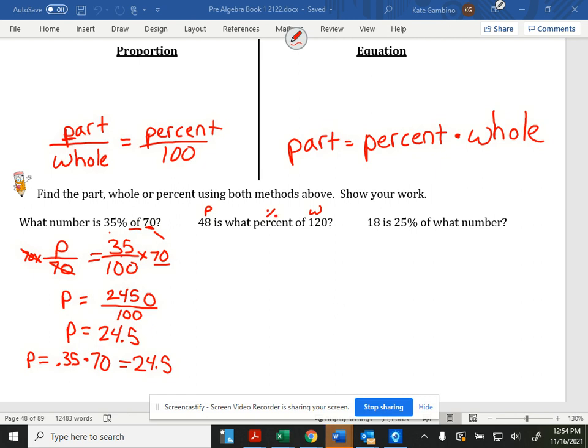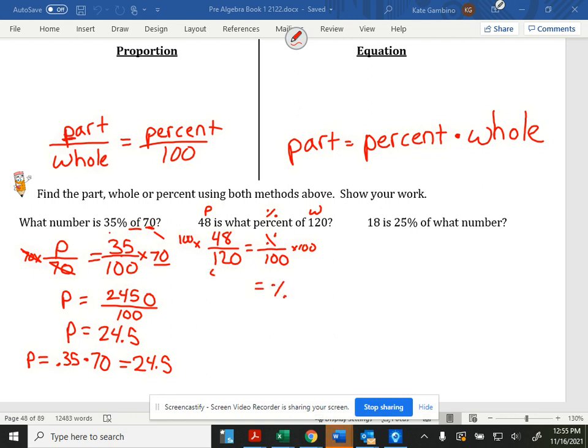That's what we want to find, right? So we know our part, so we know the numerator. We know our whole. That's our denominator. It equals the percent over 100. So if we want to get the percent by itself, we're going to multiply by 100 and multiply by 100. So now we have the percent all alone.